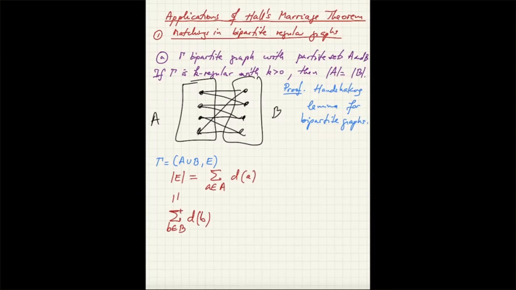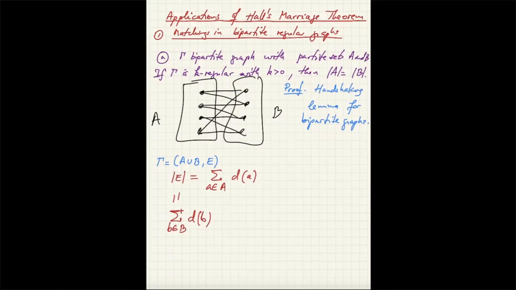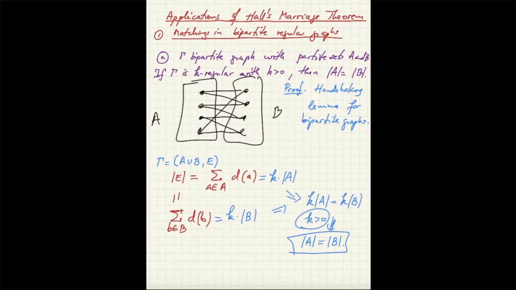Now, what is each of them? Because the graph is k-regular, and this is where you use the regularity, we get k times the cardinality of A here, and on this side we get k times the cardinality of B. So these two things must be equal: k times |A| equals k times |B|. And because k is positive, you can divide by it, and one gets that the cardinality of A is the cardinality of B.